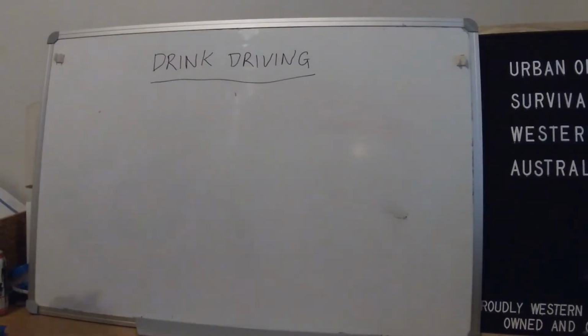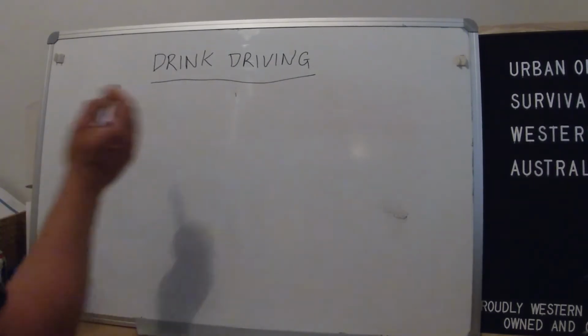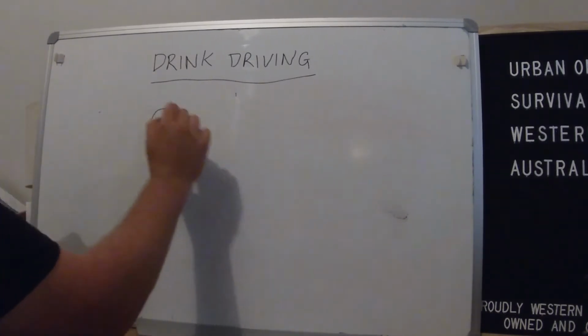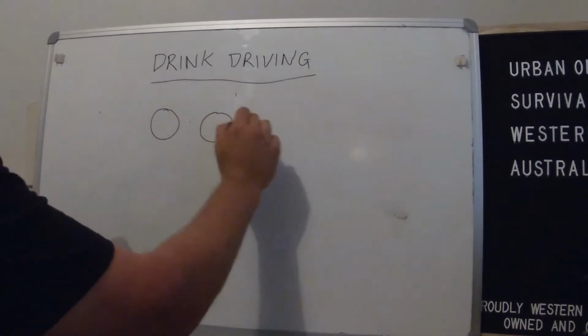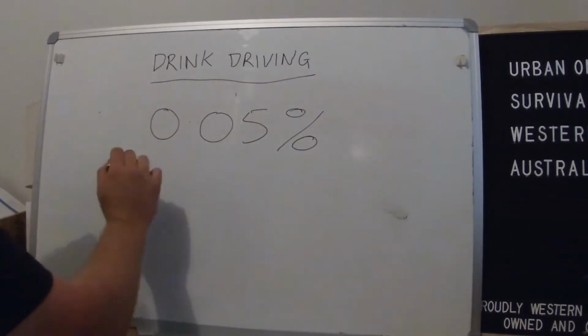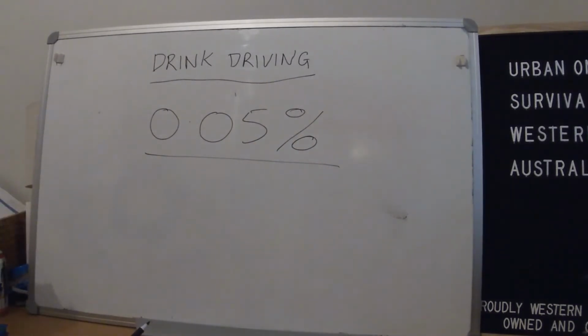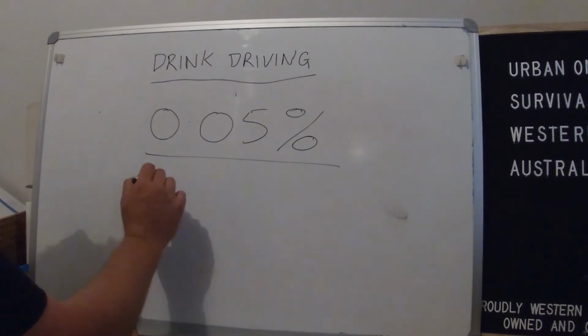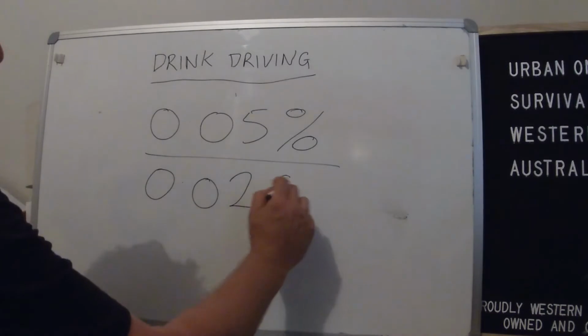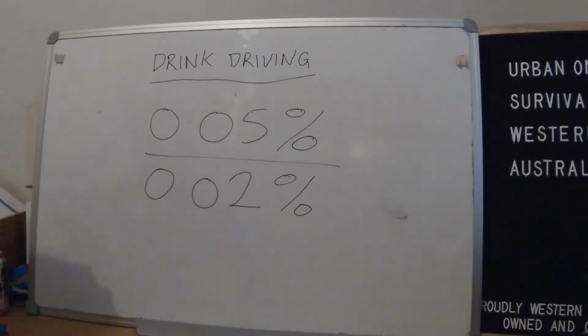Drink driving is another one. Now, drink driving. In Western Australia, the limit for alcohol in your system is 0.05% alcohol. There are other restrictions. For example, certain P-platers need to be 0.02% alcohol in their system.